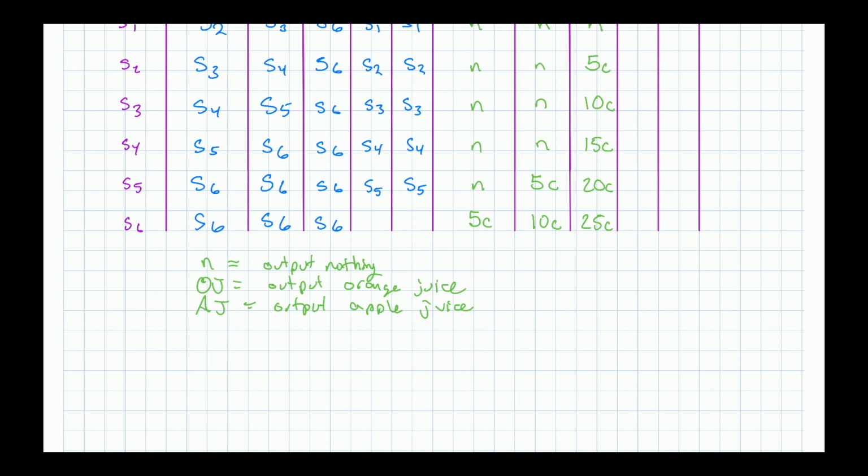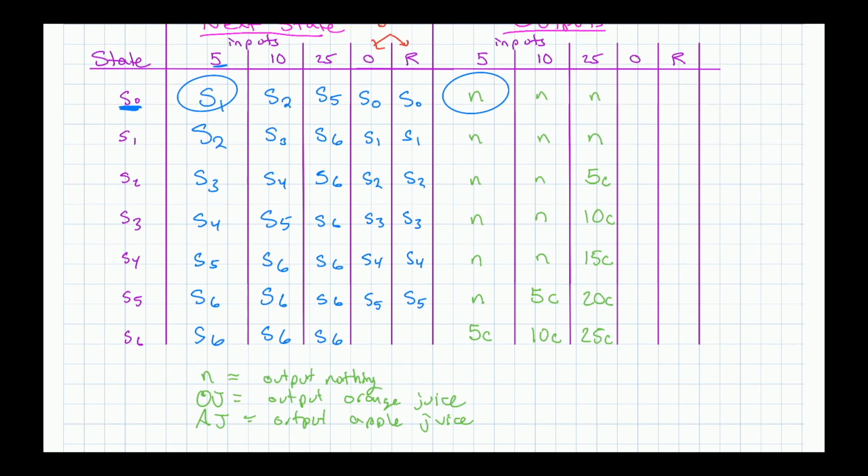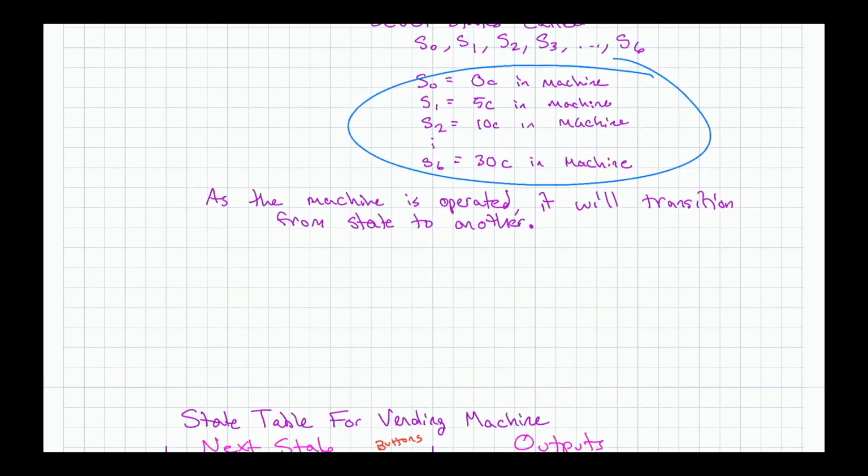All right, finally, 30 cents, something happens. When you press the button with 30 cents already in there, if you press the orange button, you're actually going to get orange juice, right? But this isn't where you write orange juice. This is where you write the state transition. What happens when you press the button, right?